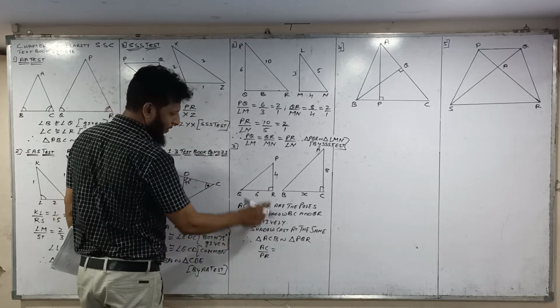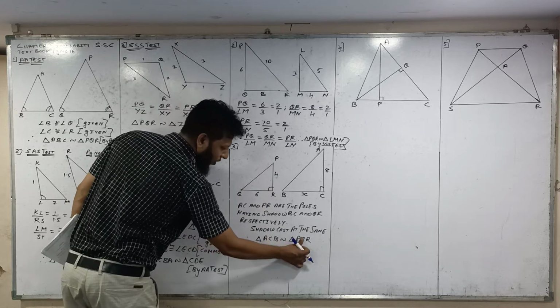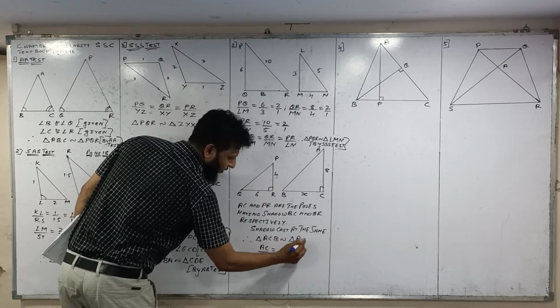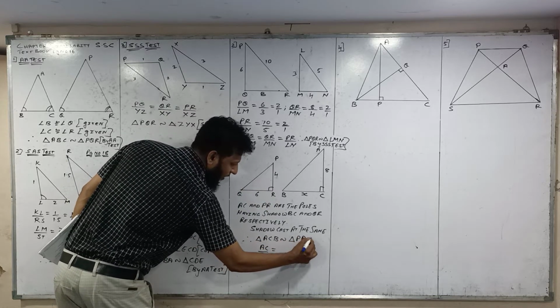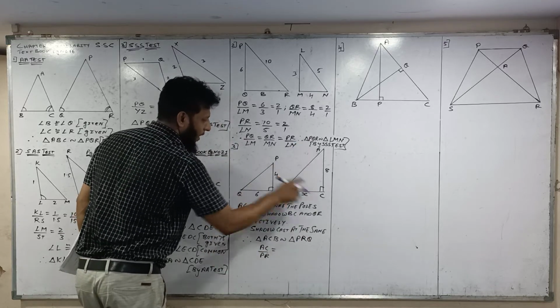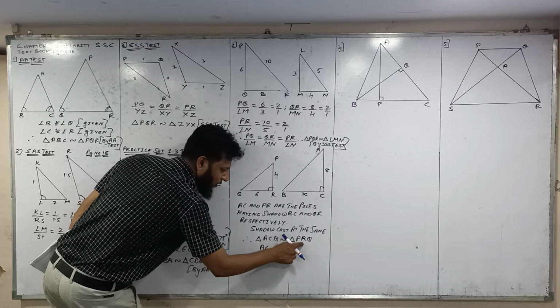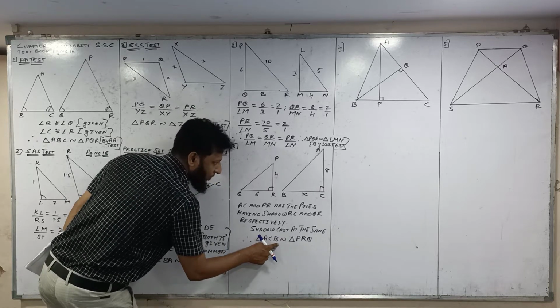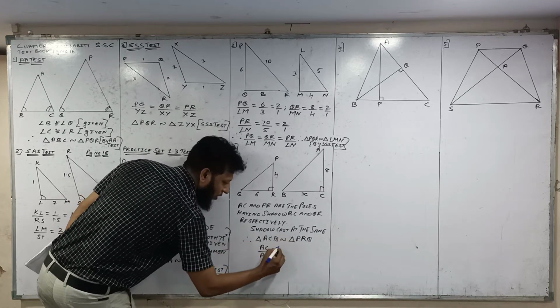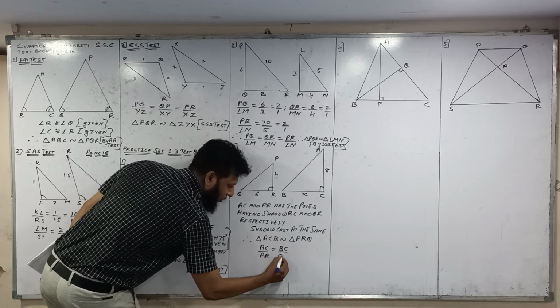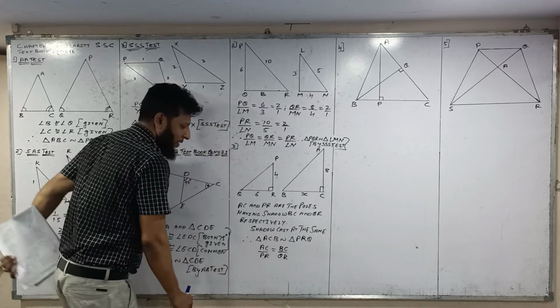The name should not be changed. Names are given in proper correspondence: ACB and PRQ. Then AC is proportional to PR and BC is proportional to QR. Now we'll write the values.